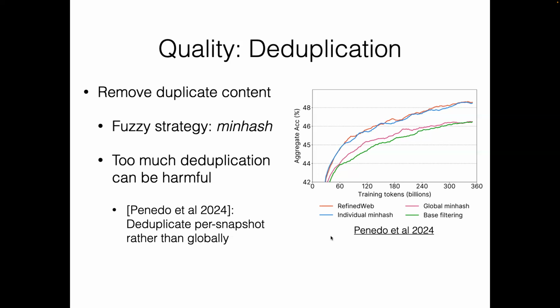And so a common filter is some kind of repetition filter. But it's within a page, whereas deduplication is saying, across the whole data set, can I deduplicate pages from each other? This can also be at the sentence level, across pages.